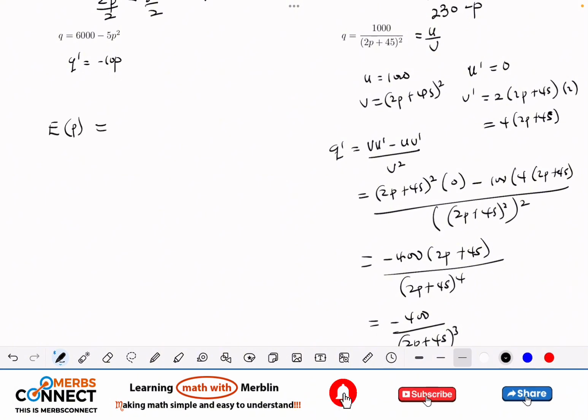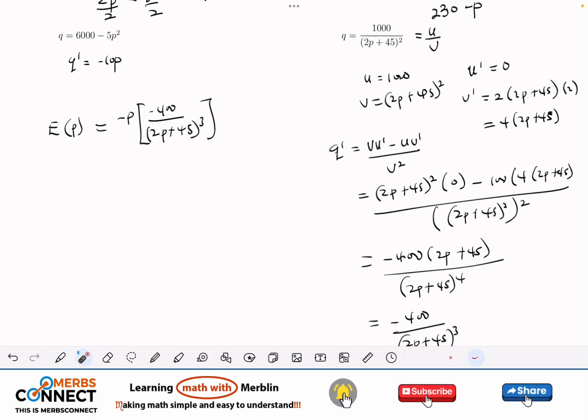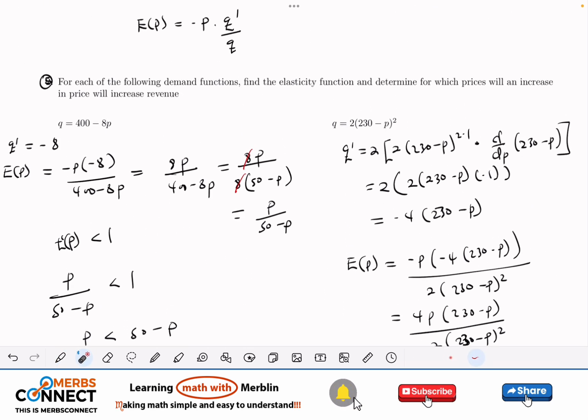This is going to be minus P times Q prime, which is this one here. So minus 4000 divided by (2P plus 45) all to the power 3, divided by Q.